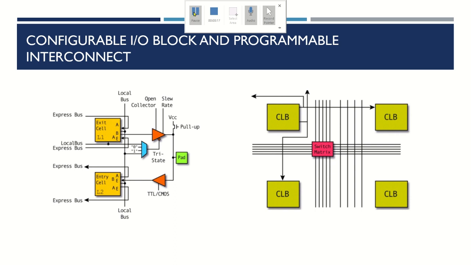An input output block that is configured as an input can have a direct, latched, or registered input. Here we see the output buffer of an input output block has skew and slew control.